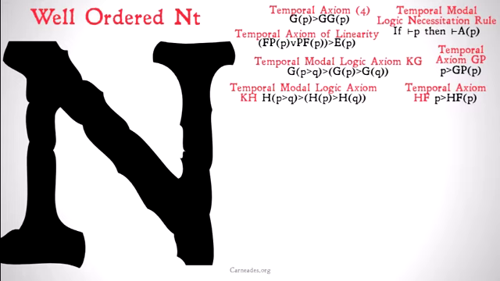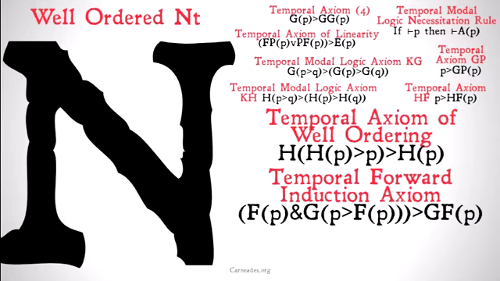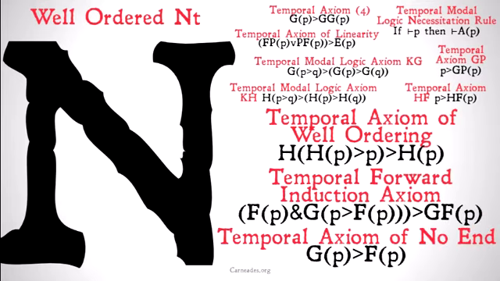Now, if we want to move even farther than that, we can move on to well-ordered time, or NT, which is going to take all of those axioms we already had, with the exception of reflexivity, and add in the temporal axiom of well-ordering, the temporal forward induction axiom, and the temporal axiom of no end. Remembering that well-ordering means that any set of instants is going to have a least instant, even infinite sets.